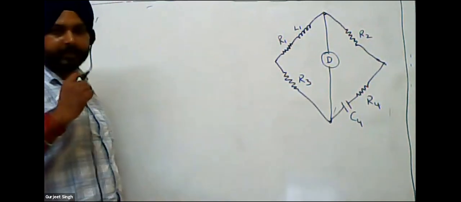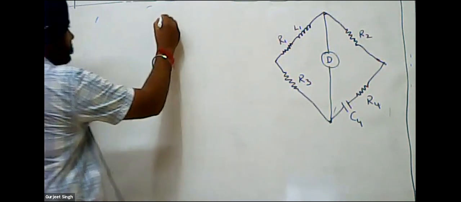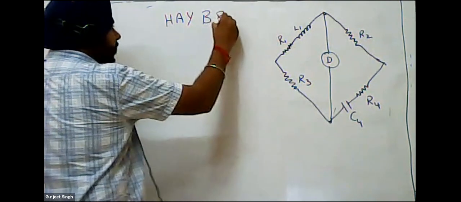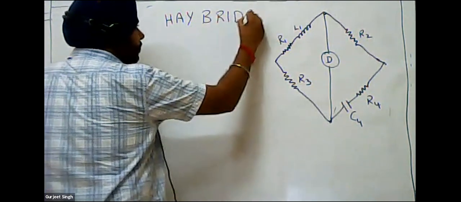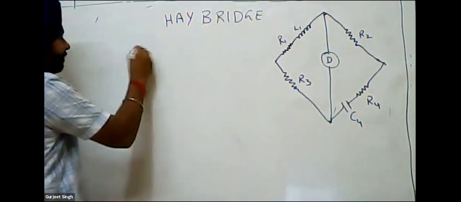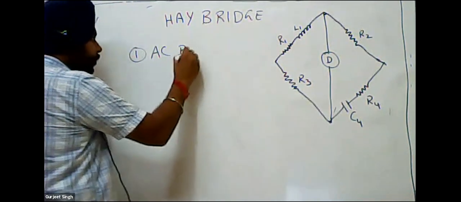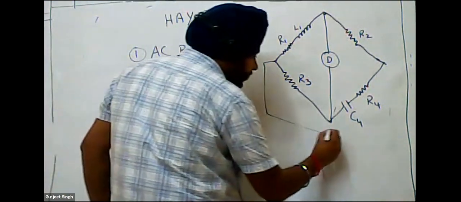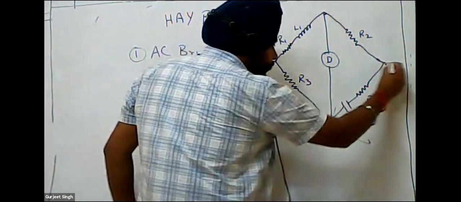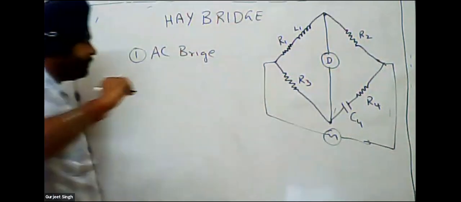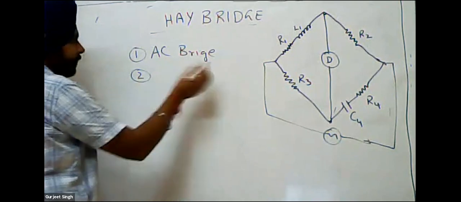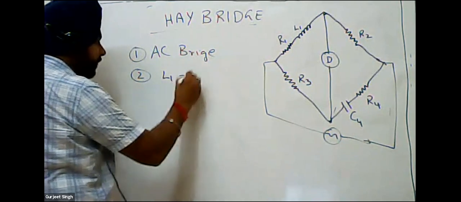So students, this is the next bridge, called the Hay Bridge. The Hay Bridge is basically an AC bridge. Means the supply which I am giving here is the AC supply. Second thing, with the help of the Hay Bridge we will find out the value of the L1.